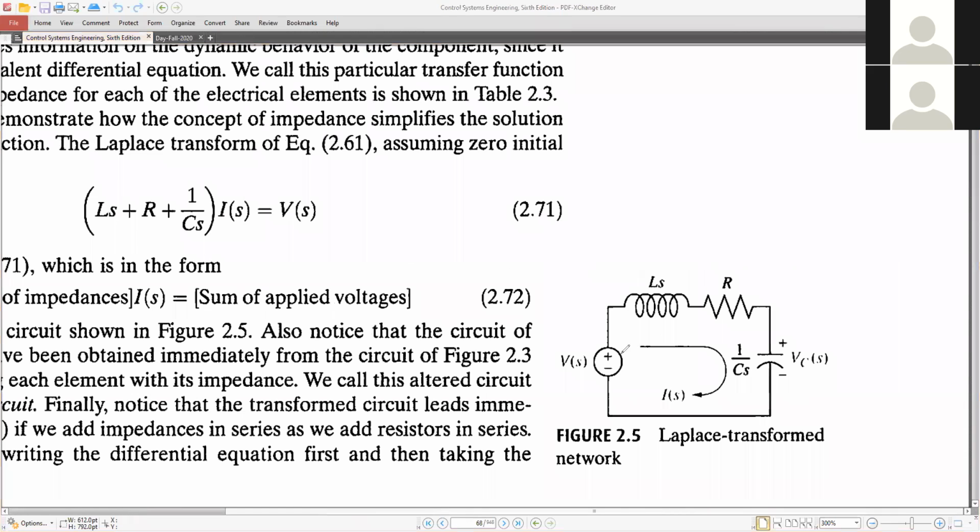We'll apply KVL, right? Kirchhoff's voltage law. So V(s), we know the V(s).